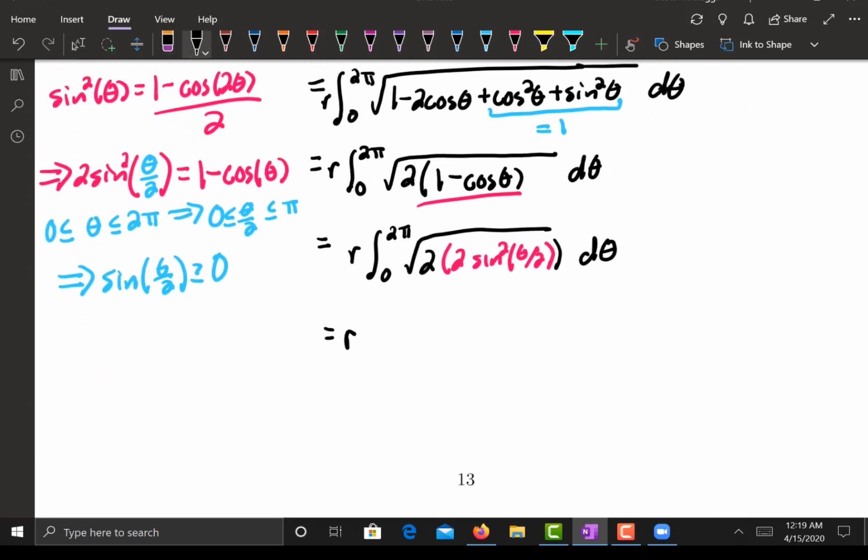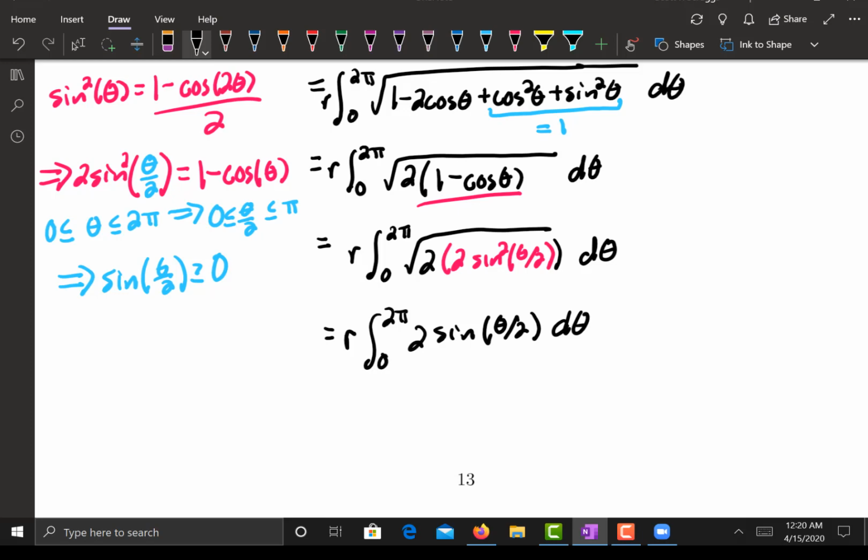Now, 2 times 2 is 4, and the square root of 4 is just 2. So I'll have the integral from 0 to 2 pi of 2 after evaluating the square root. And because I now verified that sine of theta over 2 will not be negative, I'll have sine of theta over 2.